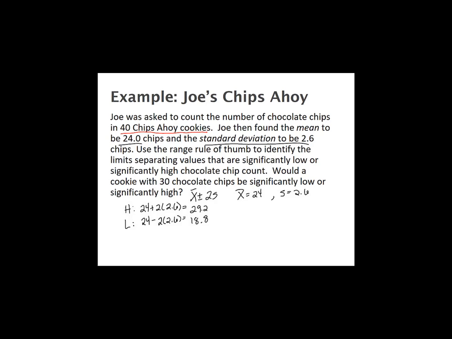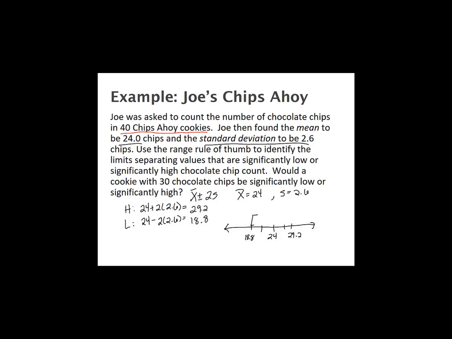If I draw my number line again, I'm going to have 24, my mean, in the middle. 2 standard deviations to the right, I'm going to have 29.2. 2 standard deviations to the left, I'm going to have my lower boundary of 18.8.